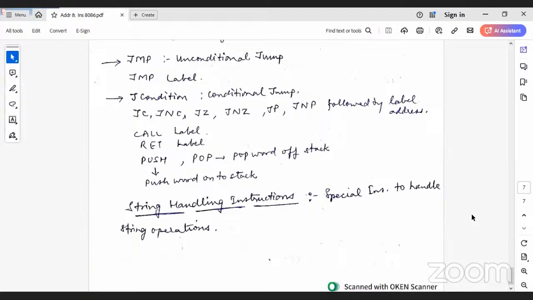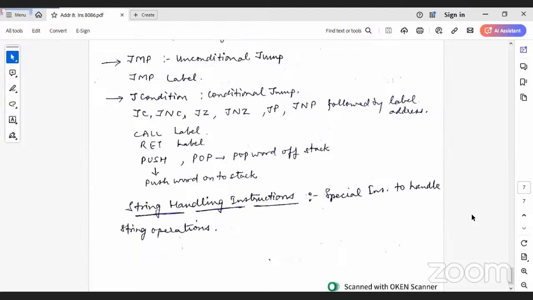For the last 2 years, they ask for the smallest or largest number. In that JC, JNC, smallest or largest, I think I discussed that in class also. If the largest number is asked, then instead of JC you have to write JNC there.